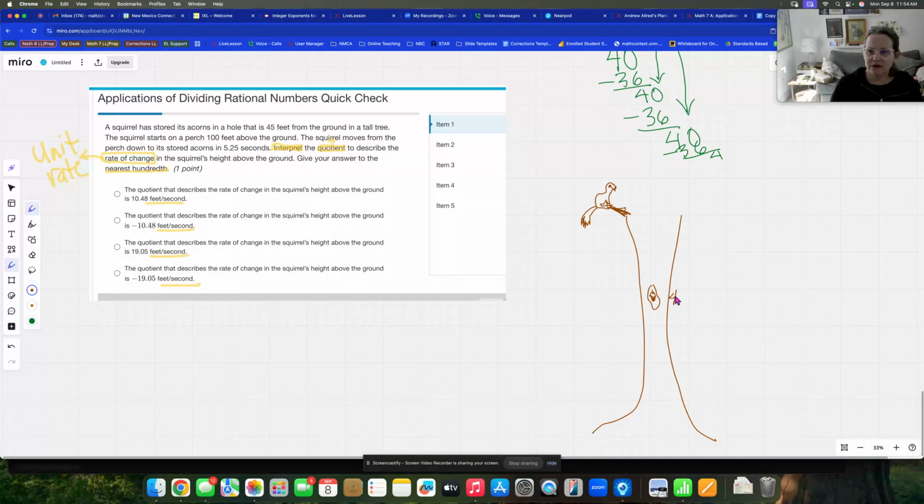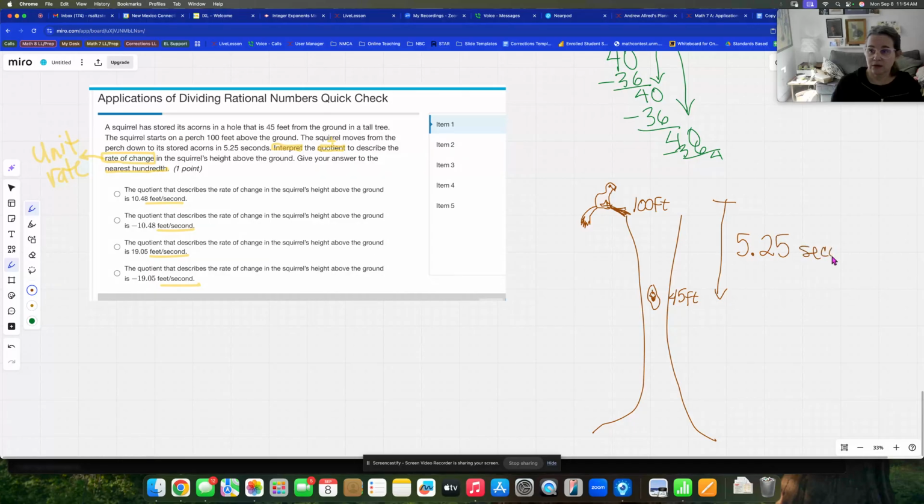So this is 45 feet. And then he's starting at a perch that is 100 feet above the ground. Okay. And then this journey is going to take him 5.25 seconds.